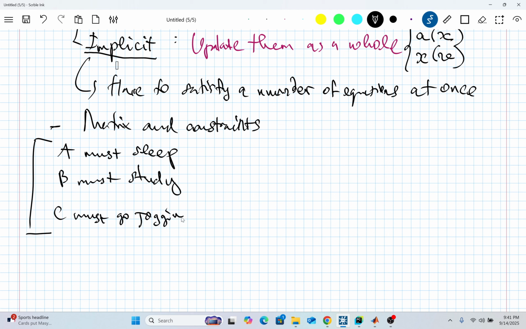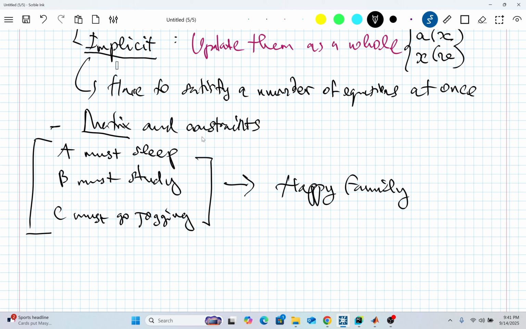Then I will have to satisfy all of these things in order to have a happy family. A must sleep, and simultaneously B must be studying and C must go jogging. So matrix is basically a set of equations. You can think of it as it will store a set of equations.